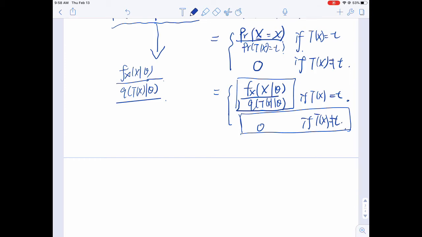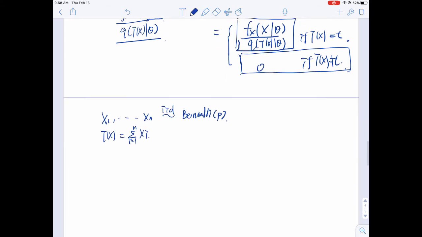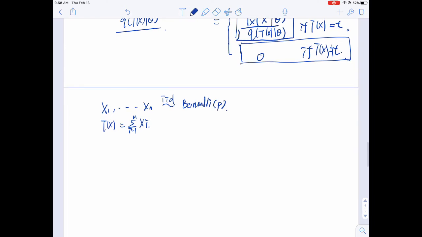Let's look at one example together. It's the same example we did, where we have X1 to Xn, identical independent Bernoulli trials. And we want to again show that T(X) equal to the sum of Xi is a sufficient statistic for theta.